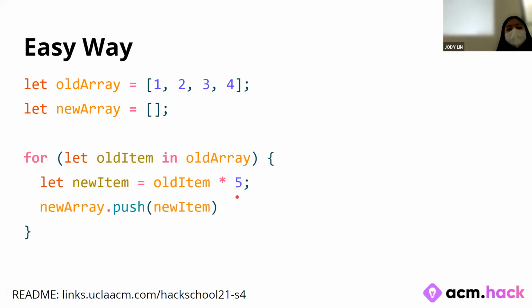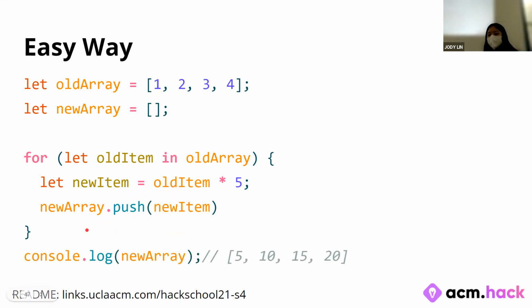And then we're going to use that fancy push syntax. Like I said, it's just an array operation to add a new item to the end. So we make the new item and push it onto the end of the new array. Awesome. And then when we print it out, 5, 10, 15, 20, easy peasy.